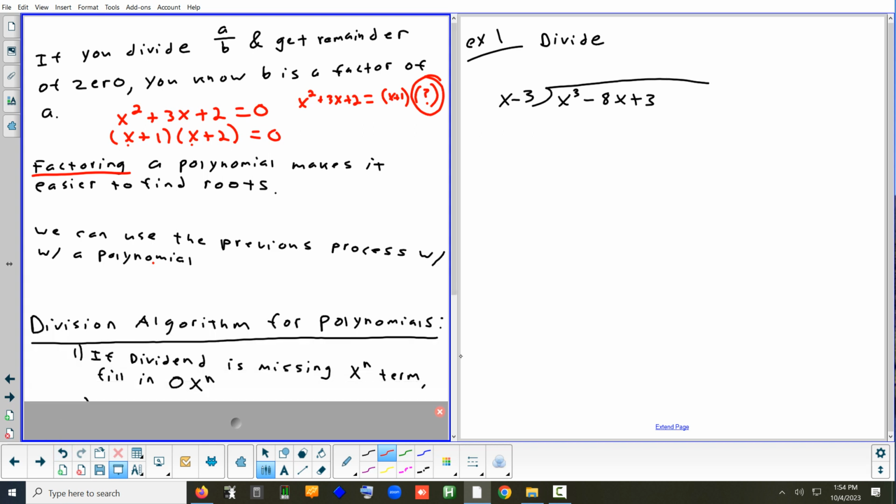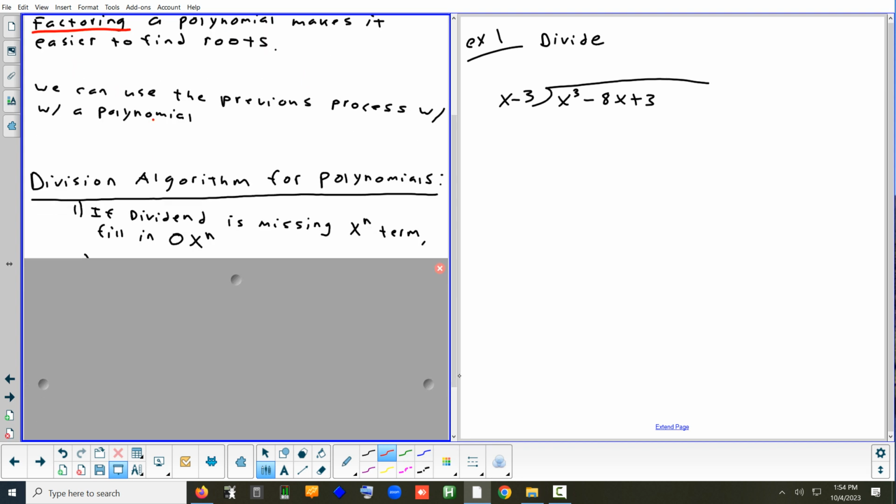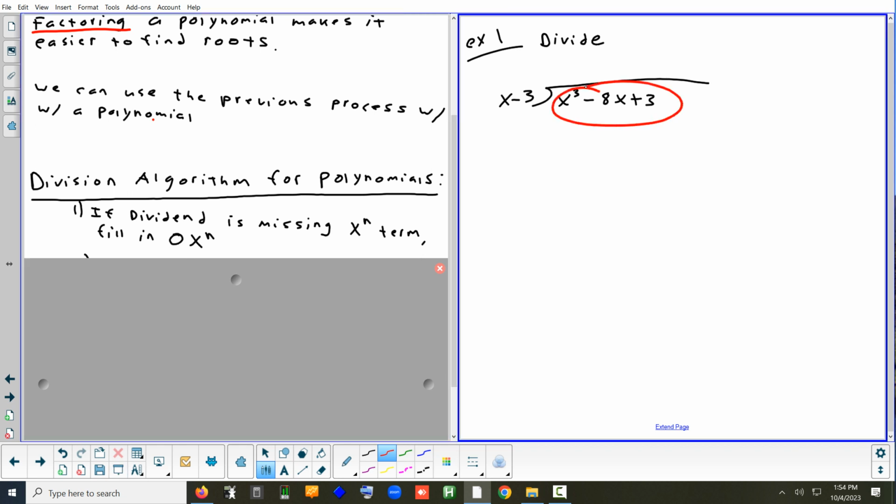All right, the first thing is, just to make sure we understand what's what, the part on the inside is called the dividend, and the part on the outside is called the divisor. The first thing we have to make sure of is if the dividend is missing any terms, we need to fill in a spot for it, because we're going to have to line up like terms as we do this.